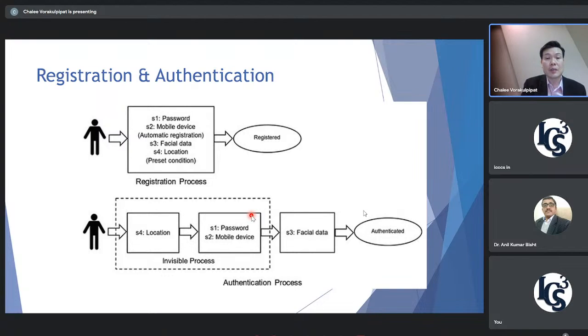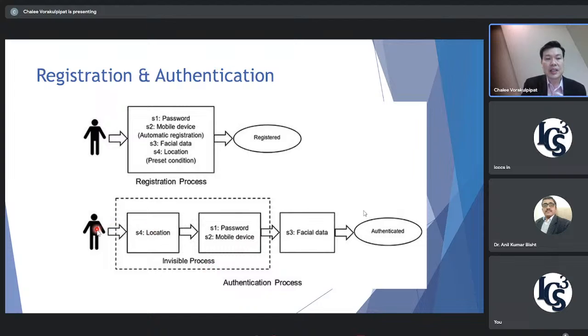If you use our system once, you don't need to input the password several times, unlike Facebook, where you use it this time, and tomorrow you need to input the password again, right? Second, the mobile device, they check it too, but people don't need to know. So these two processes are invisible. They operate in the background, and people don't need to be aware of them.